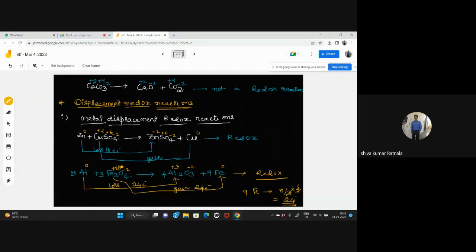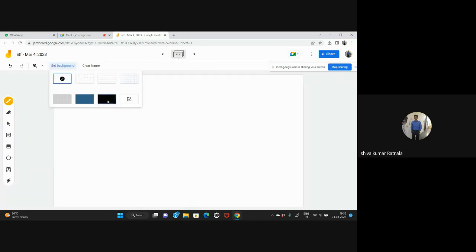Next one, non-metal displacement reactions.